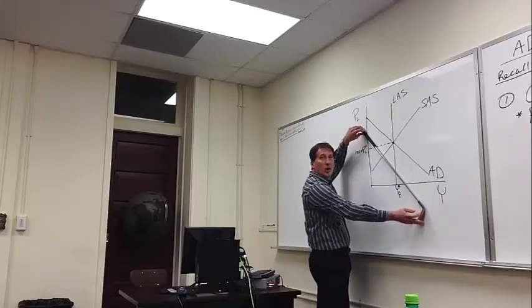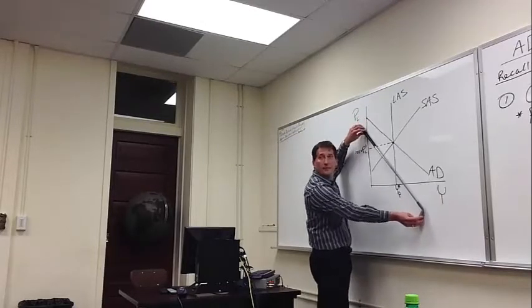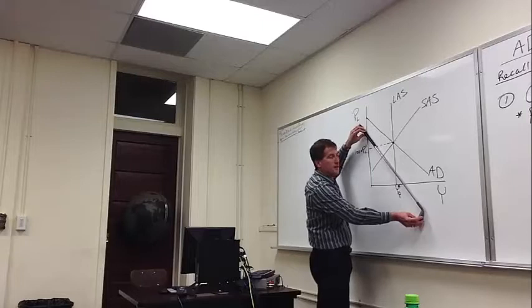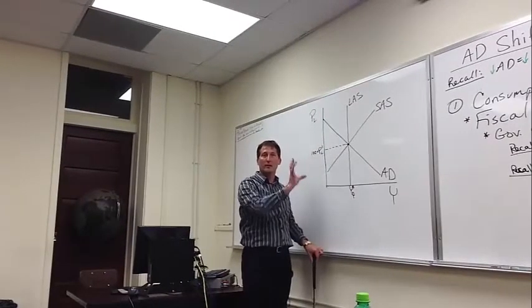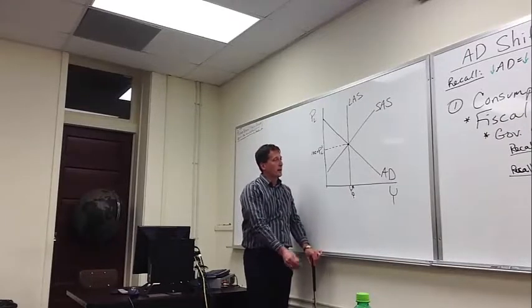Now, are there any long run effects to that? Using this model, using just the curves that are up here, no. So now we're going to start to set the stage for some short run effects and long run effects on how things are going to adjust.